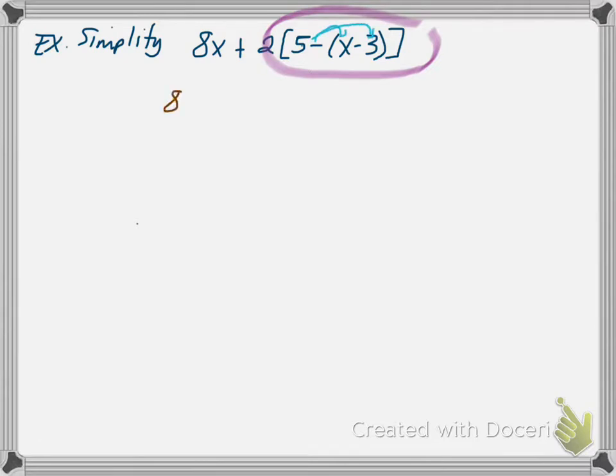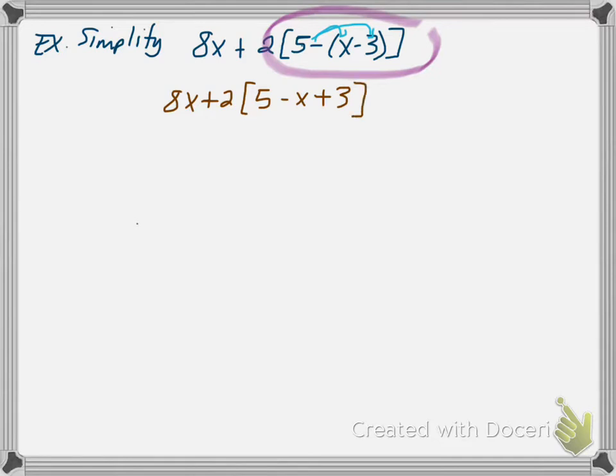Once I do that, nothing happens to the 8x, it comes right down. Nothing happens to that 2 for right now, so it comes down. Now, inside of those brackets, that 5 stays the same, but that negative times x, because it's positive, now becomes a negative x. And a negative times a negative 3 now becomes a positive 3.